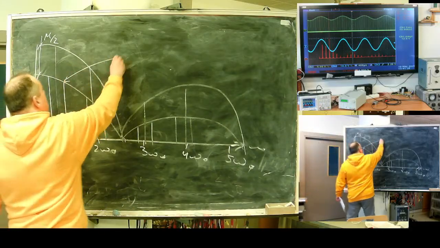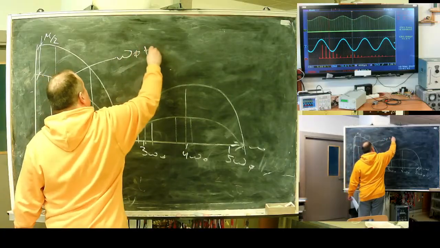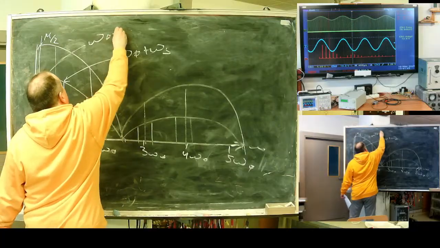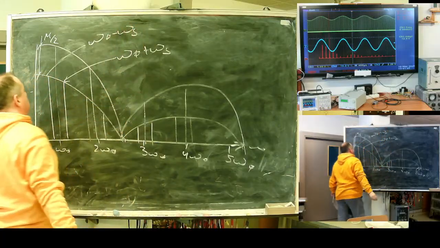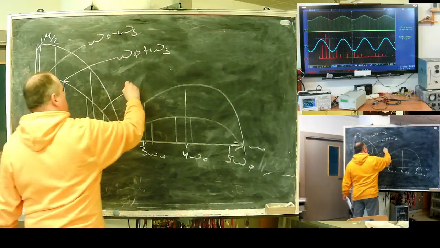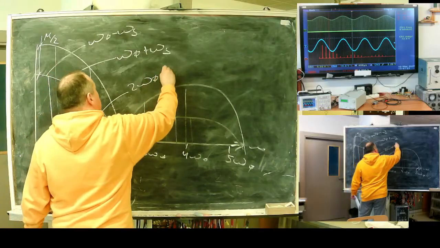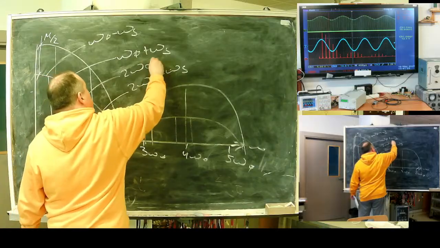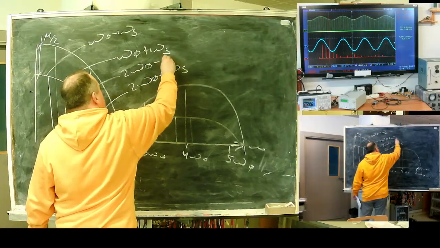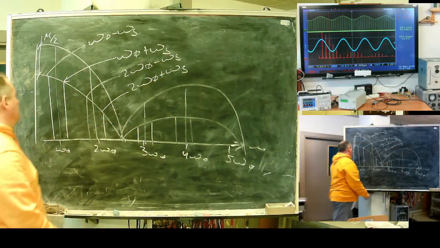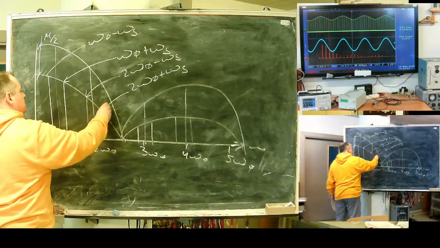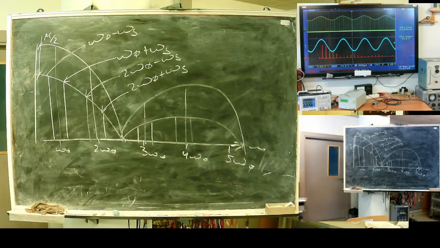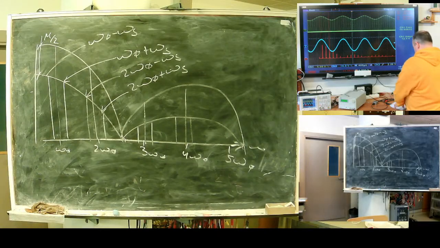This point, omega 0 plus omega s. This one, omega 0 minus omega s. Double omega 0 minus omega s. Double omega 0 plus omega s. It's signal with asymmetric bands. Okay.